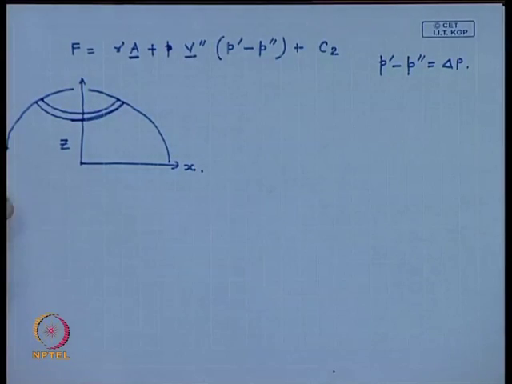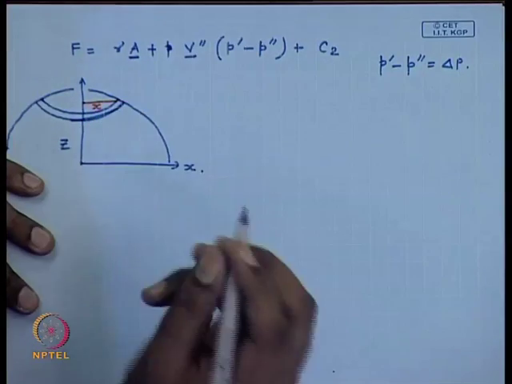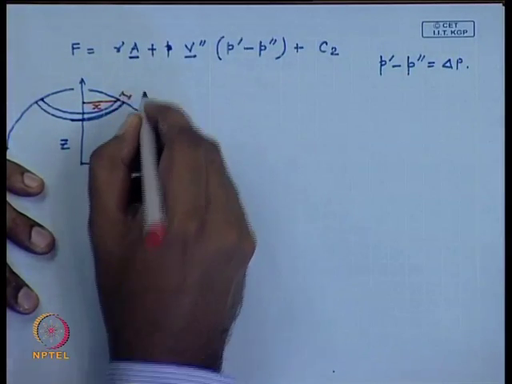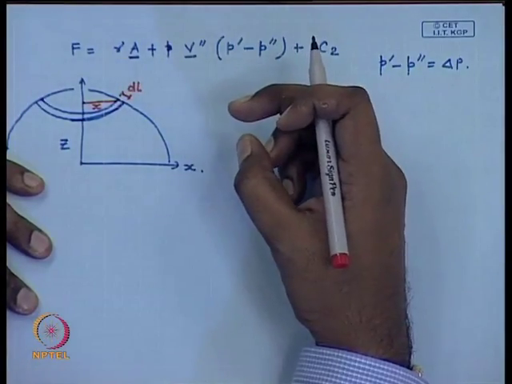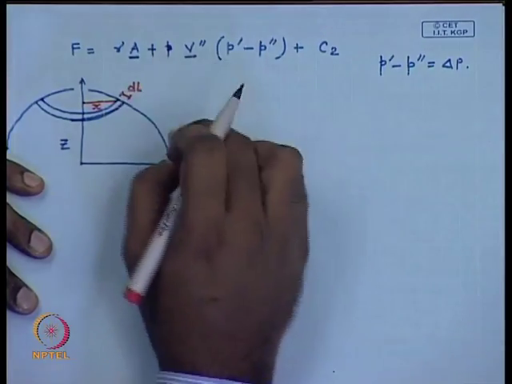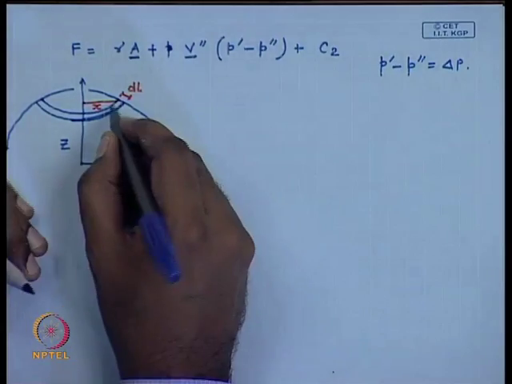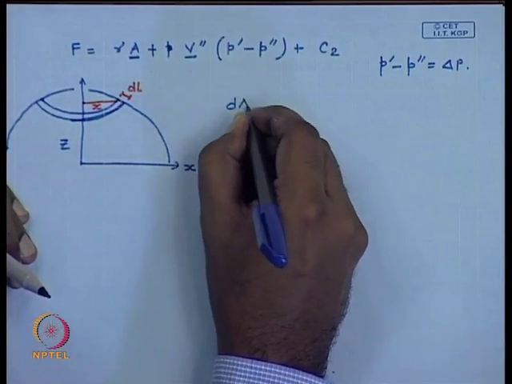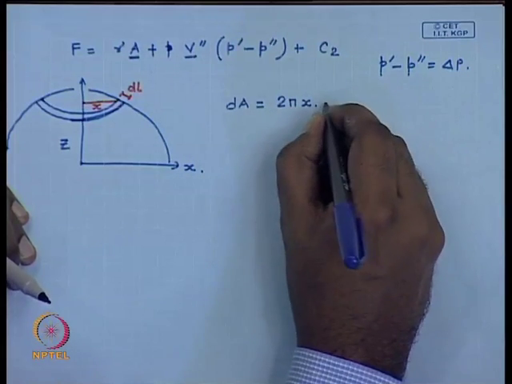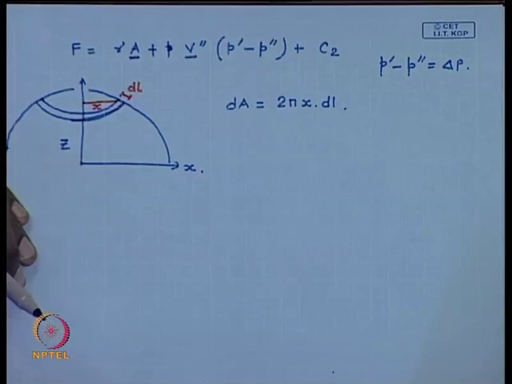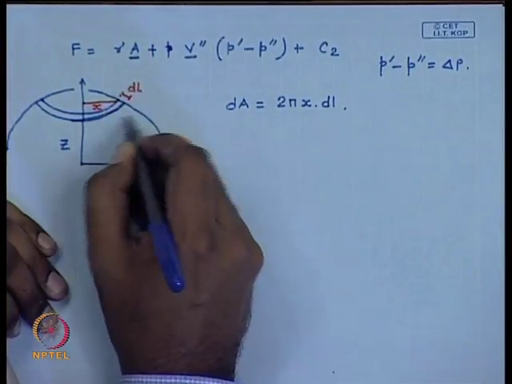So, this is at a distance x, and let us say this particular thing is del L. So, del L is the thickness, or the width, of the strip on the surface. So, the area of this element del A is twice pi x into dl, right. Now, let us look into detail over this particular area.